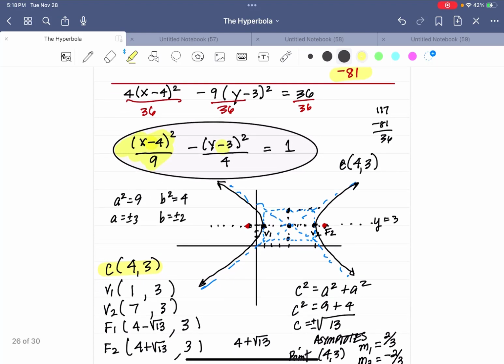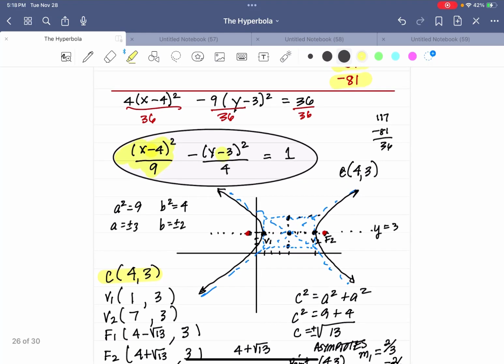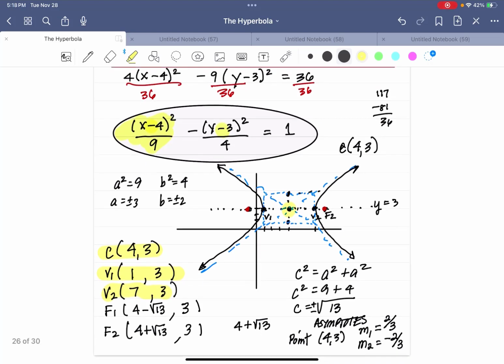That's how we found our center, by completing the square. Then we found our vertex by finding our A's and B's and just moving from our center, A to the right and A to the left, or minus A to the left, I guess you could say. That's how we found our vertices. And then we found our foci by using this formula, C squared is A squared, and that should say B squared. Glad I caught that.